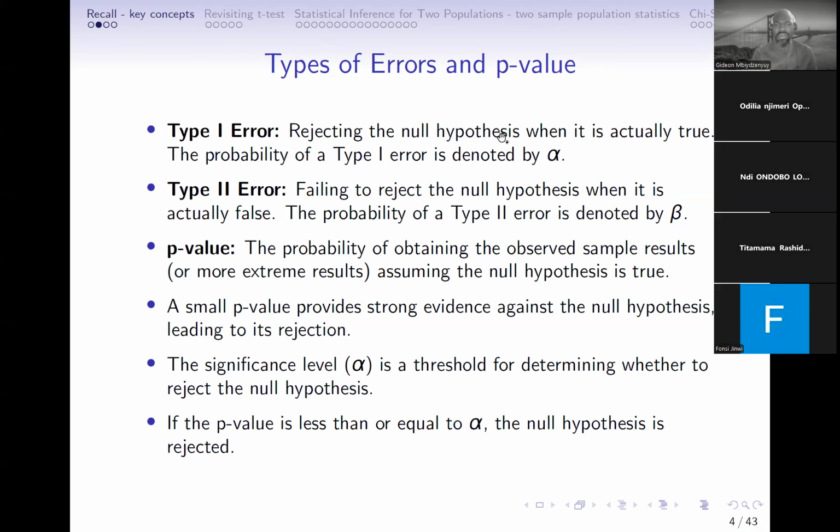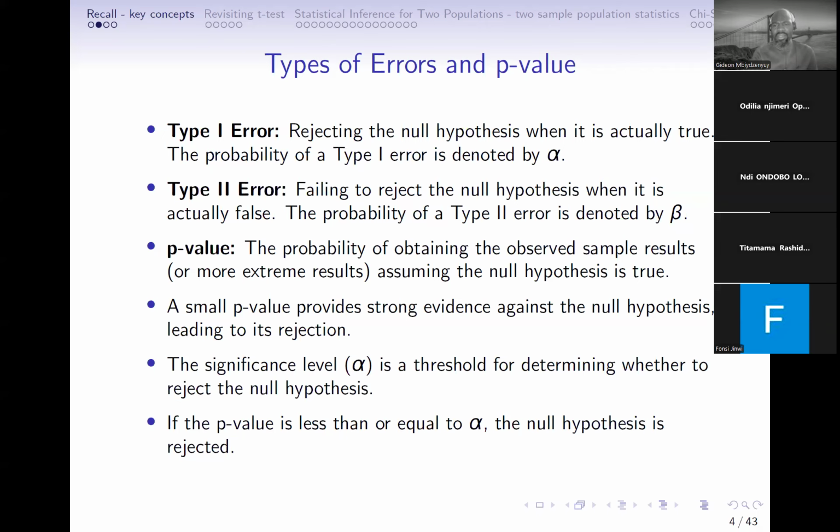If we fail to reject the null hypothesis when it's actually supposed to be false, then we have a type 2 error, and we denote that with a beta. So the type 1 error is when we reject the null hypothesis when we actually should not have rejected it. But if we fail to reject it when we actually should be rejecting it, then we commit a type 2 error.